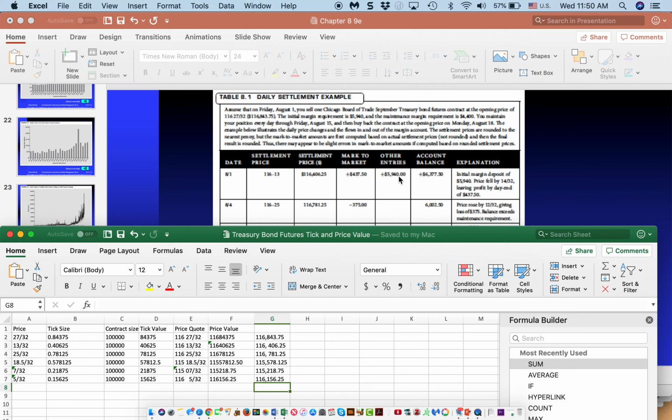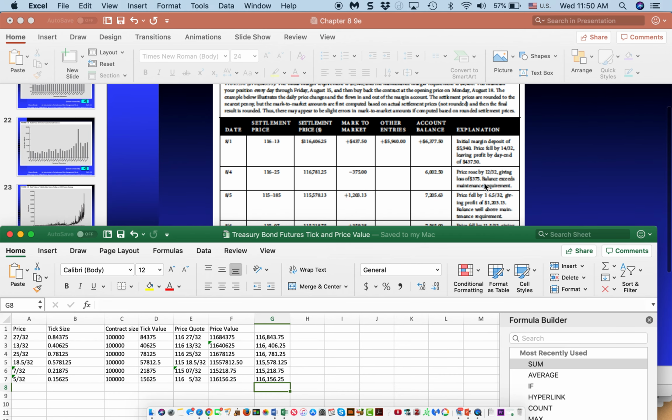You already have a margin of 5,940. Together they make 6,377.50. The explanation is given here, which is pretty good. So we see that our current account balance is $6,377.50.